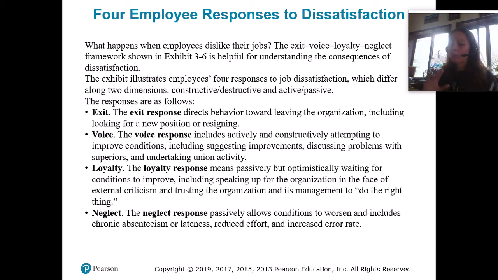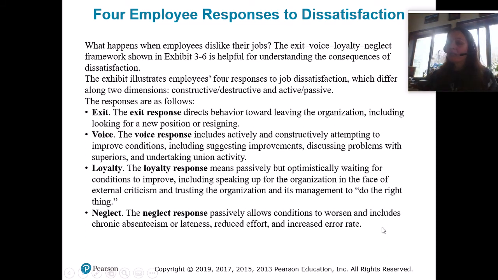That's probably a little more submissive, passive response, and it doesn't have to be negative. It can be a very optimistic one, too, where you know it's a good organization and you really don't think you should criticize them because they're going to turn around and do the right thing, right? And then, of course, you have the neglect response. This is a very passive one. This is when you just ignore everything that's going on and things quickly go downhill.